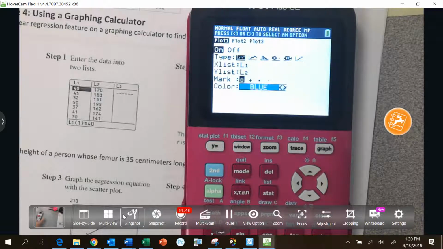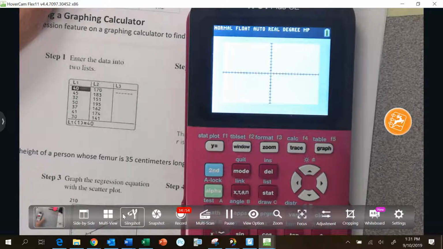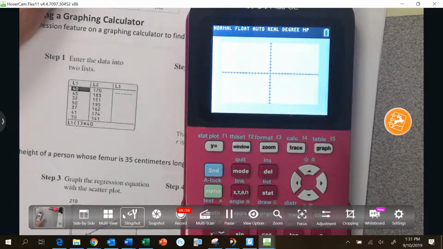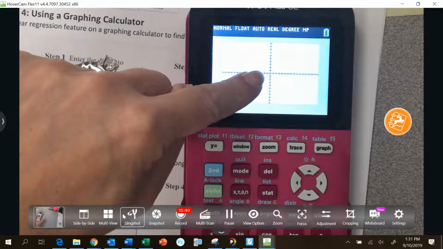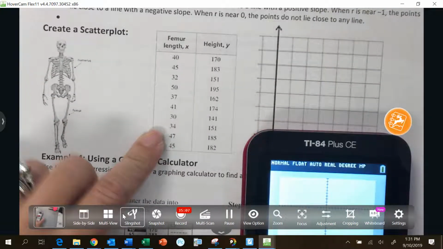Okay. If I hit graph, you guys are going to say nothing showed up. Because what is my window at right now? 10s and 10s, but what are my numbers like? Not 10s.